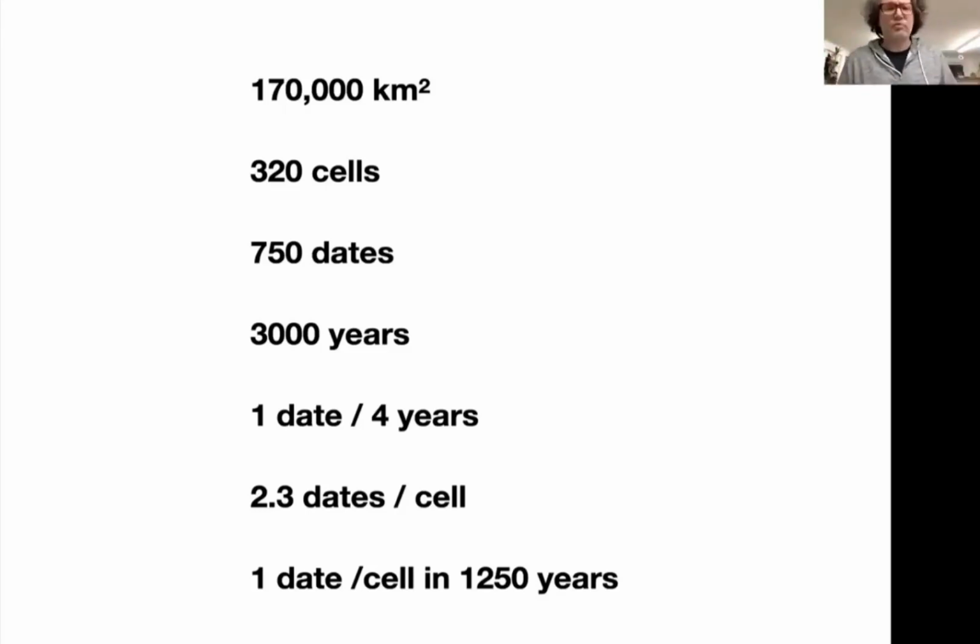So in the end, we used 750 dates in the study, and this is the main data density for the study: one date per 4 years, 2.3 dates per grid cell, or one date per cell in 1,250 years. Quite a low data density, but that's the reality we are dealing with in archaeology. We try to get an idea of the pattern from this low density.